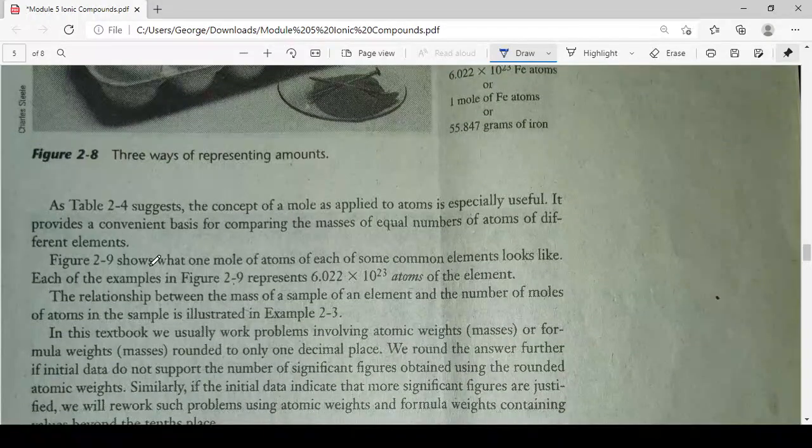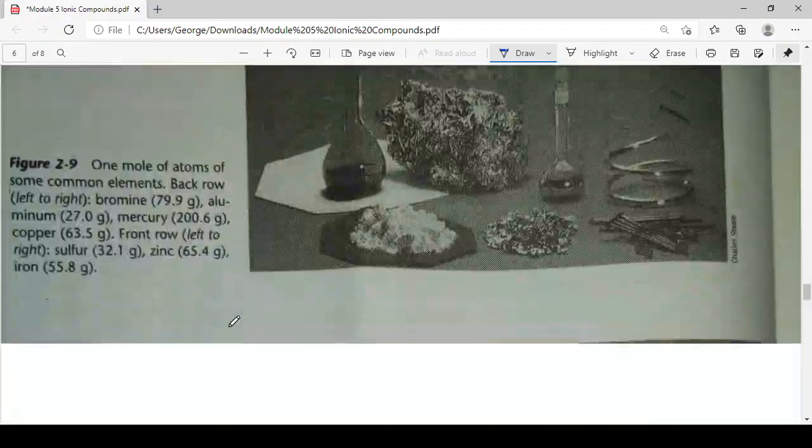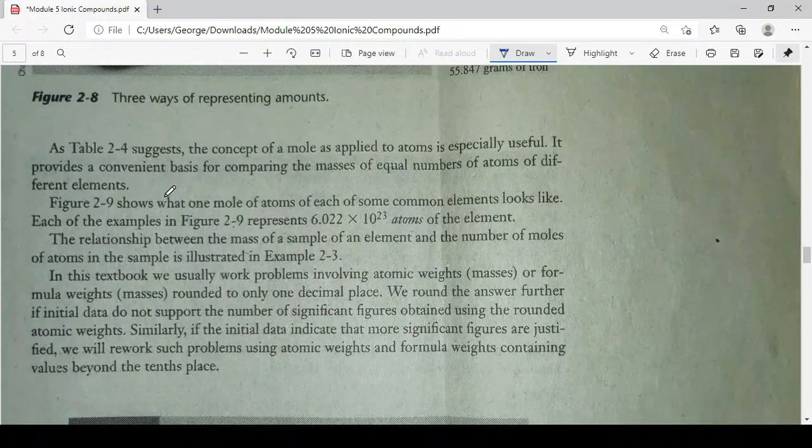So figure 2.9 shows us, next page, on 2.9. Figure 2.9 shows what 1 mole of atoms of some common elements looks like. Each of the examples in your figure 2.9 represents 6.022 times 10 raised to the power of 23 atoms of each element.